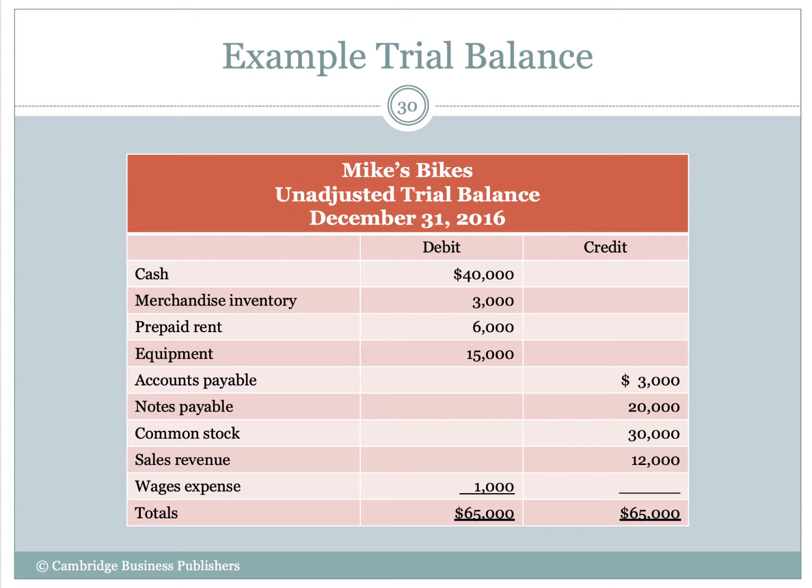That's why I said in the previous video that you've got to know your debits and credits and the normal balance side. This is why we need to know that, so we can correctly prepare the unadjusted trial balance. So we add up all the debits and all the credits, and we see that the debits and the credits do in fact equal $65,000. So guess what? By default, our accounting equation also balances.